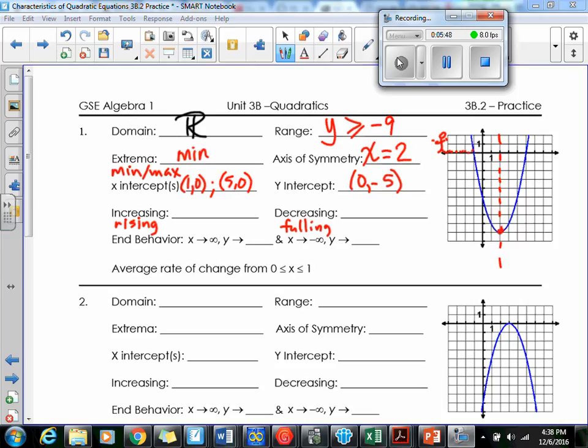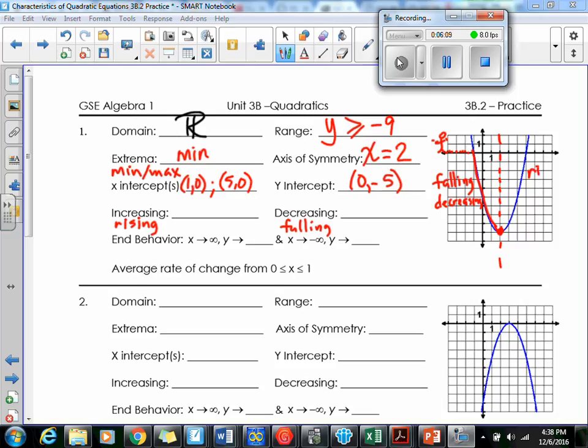So if you were to continue, you would end up dropping, all right? So this side is falling or decreasing, all right? And then there's a turn at this point, and then it begins to go up.